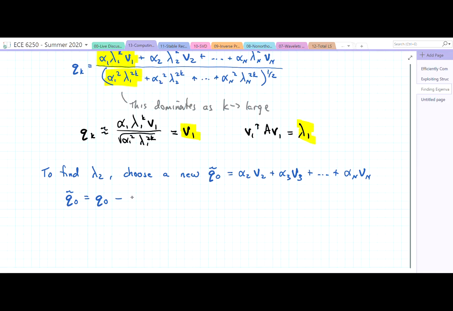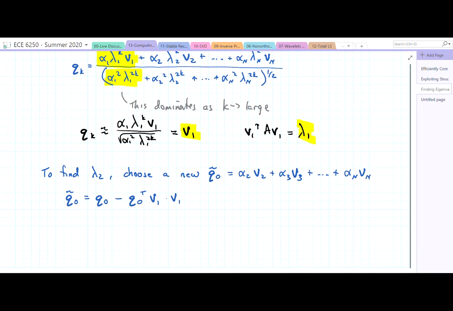So this would be Q naught transpose V1 times V1, and that will get us a good starting place.